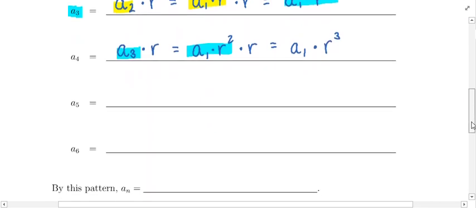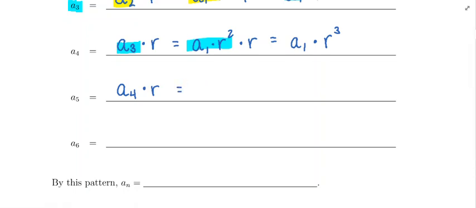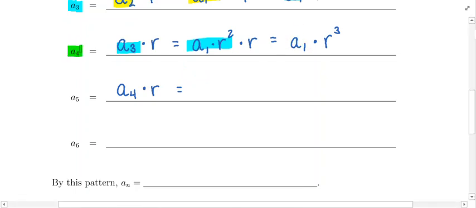All right, continuing on, we'll do this a couple more times, and then you should see the pattern if you don't already. To get A5, we need to take the term that came before it, which is A4, and multiply by the common ratio. A4 is the same thing as A1 times R cubed, so we're going to replace that in this piece.